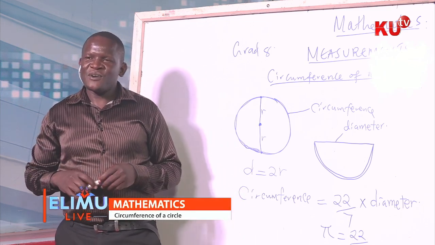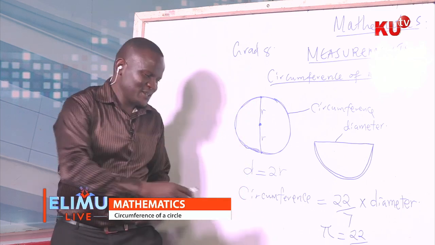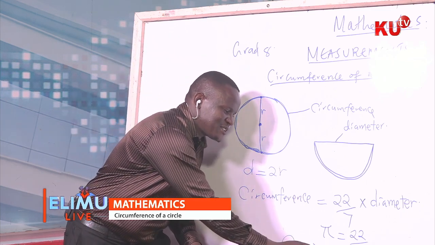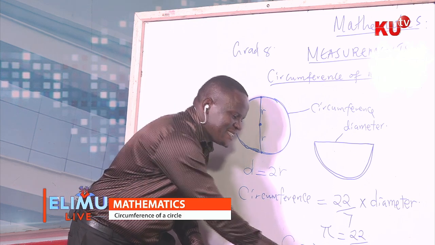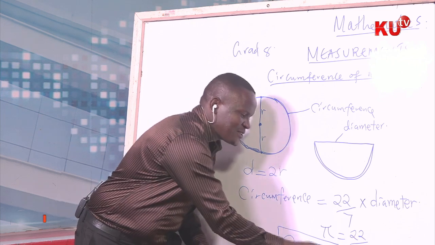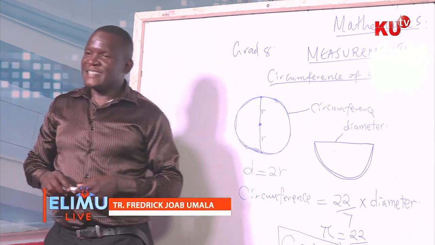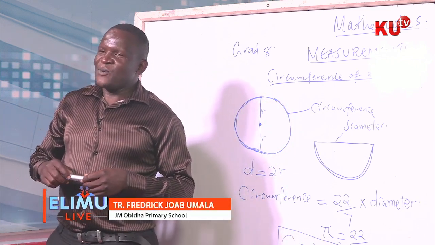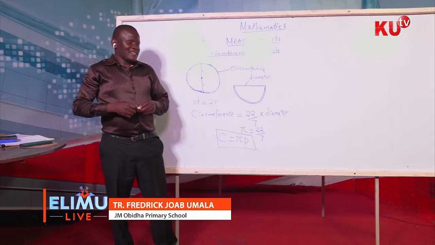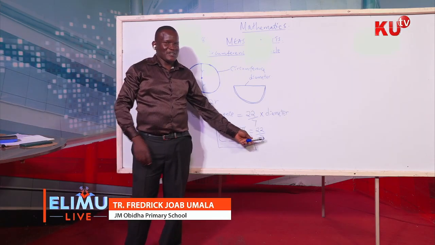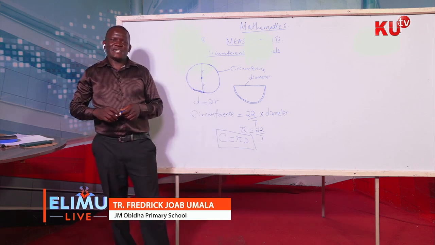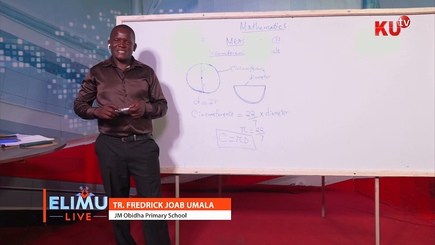And this now will propel us to this formula that circumference will be equals to pi d, where pi equals to 22/7, and d represents the diameter.